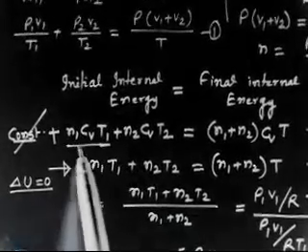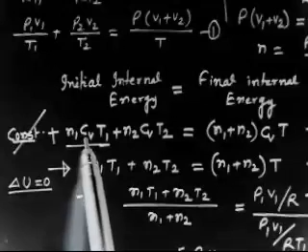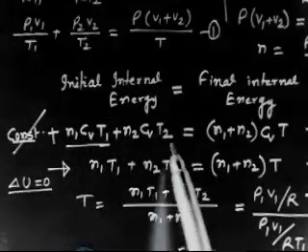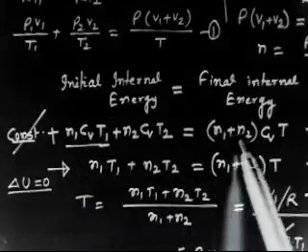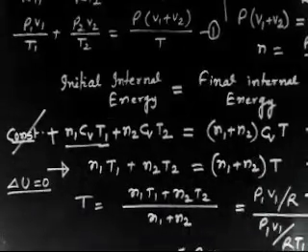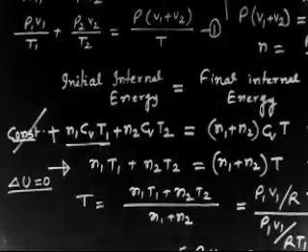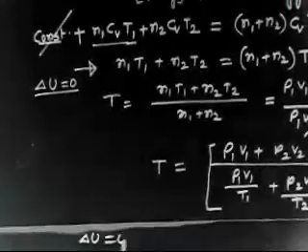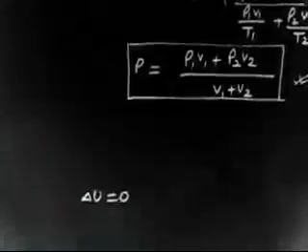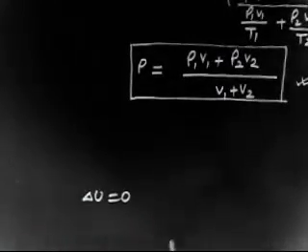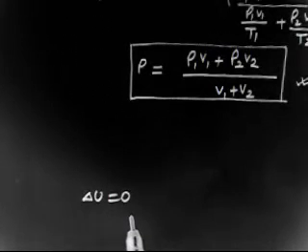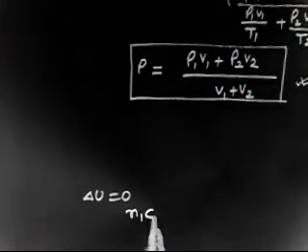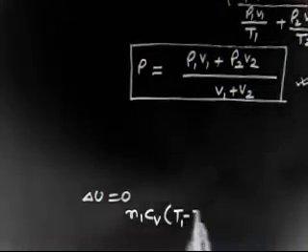So for the first system we will have N1 CV (T1 minus T), for the second N2 CV (T2 minus T), and this equals 0. If you want to write the same equation in terms of delta U equals 0, you will write the change in internal energy of system 1, vessel 1, that is N1 CV into (T1 minus T).